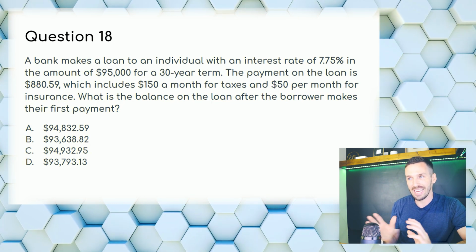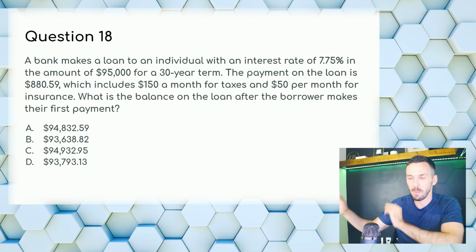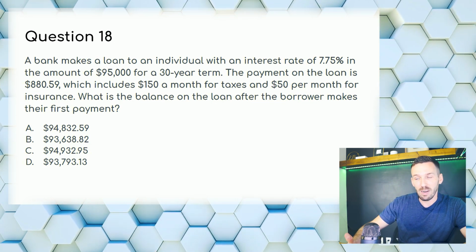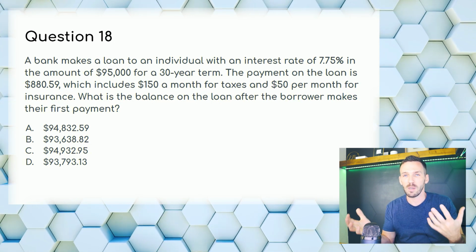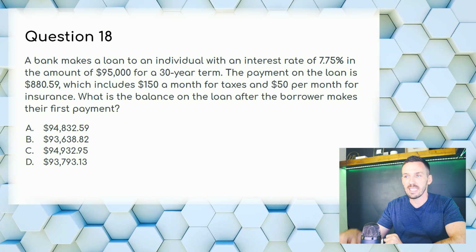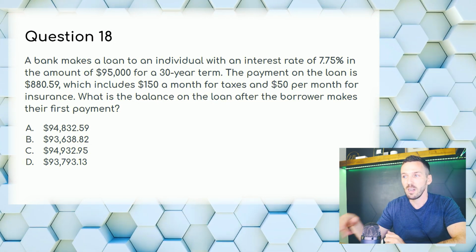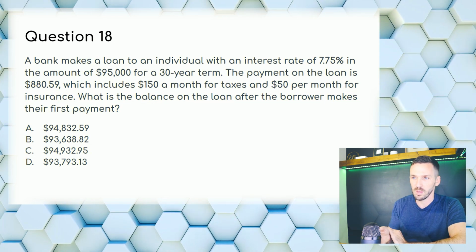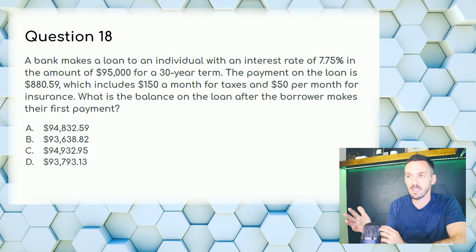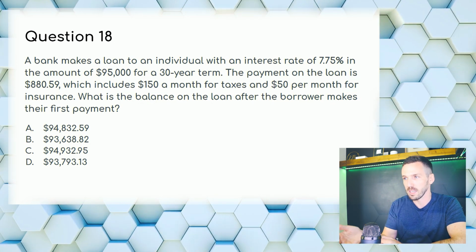So no matter what, it can't be B or D because that just exceeds any first month's payment. With the P and I, we need to subtract out the interest to find out how much principal we took off the first month's payment. Interest is 7.75% of $95,000. So that is a yearly amount of $7,362.50. So now you divide that by 12 months to get the interest amount of $613.54.